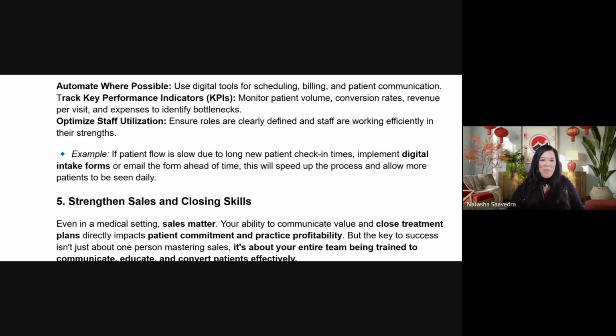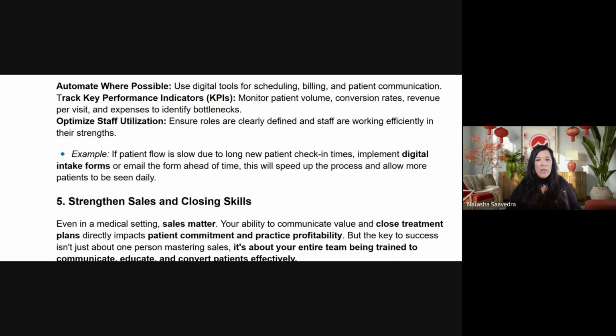We know some people. Optimize or track key performance indicators, KPIs. This monitors patient volumes, conversion rate, revenue per visit, and expenses. This will help you to identify bottlenecks. You have to be looking at key performance indicators and sub-indicators. Those are all the little things that add up that give you your main KPI.